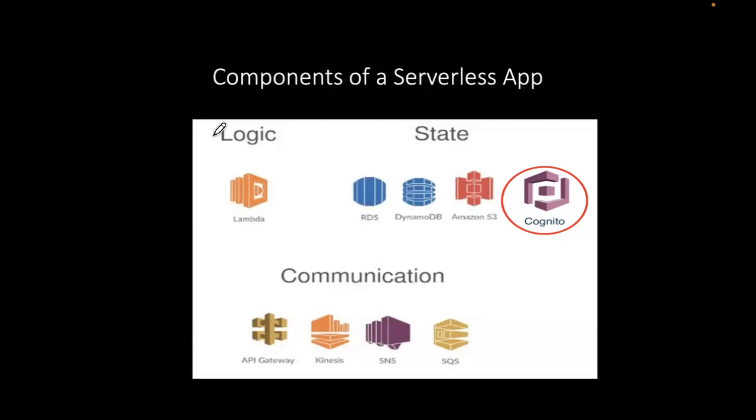So rather than storing user accounts in our DynamoDB database, we could do that, but a better option would be to use the service Cognito, which is specifically for that purpose. So storing usernames, passwords, and really anything else that you want to hold information on about a user.